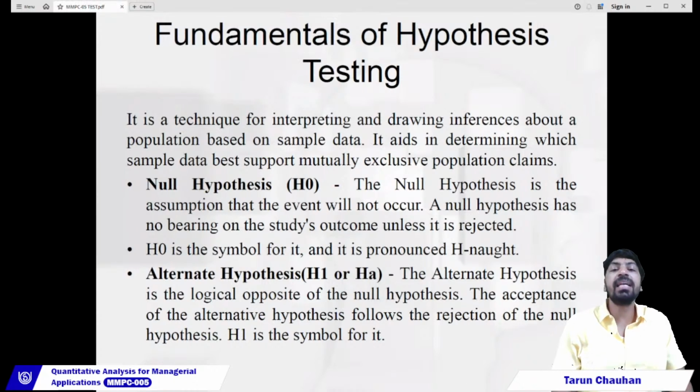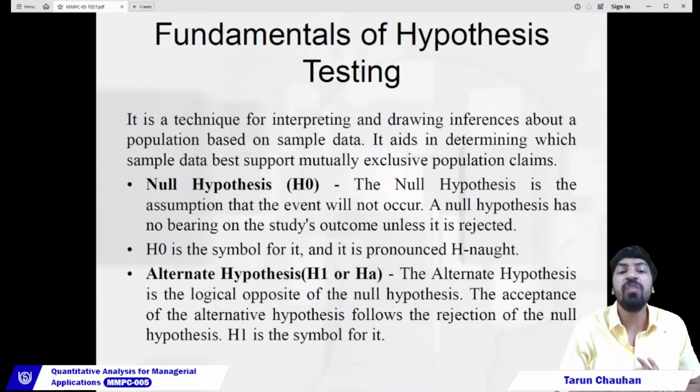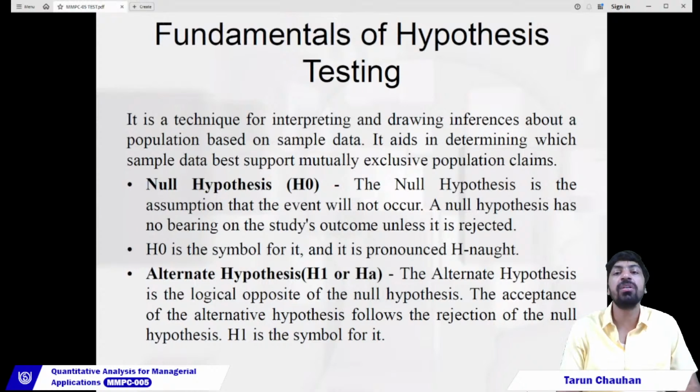Hence, the declarative statement will be rejected. So, for example, if we say there is no relationship, no association, or no difference between age and education, it is called the null hypothesis.